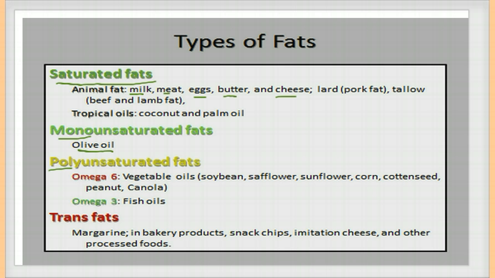We have the polyunsaturated fats, and these are vegetable oils, soybean oil, peanut, canola, and omega-3 in fish oil. Then finally we have our trans fat, which is our snacks. Every morning you eat that, most likely. I'm seeing you with a pack of chips, and bakery products, imitation cheese, and processed food.